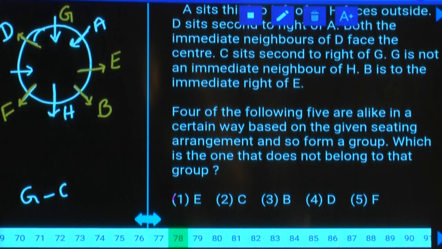E is away, and C is towards the center, B is away, D is away, F is away, except C. In the remaining 4 choices, those persons are facing away from the center, but C is the only person who is facing towards the center, hence it is the odd one, choice 2.